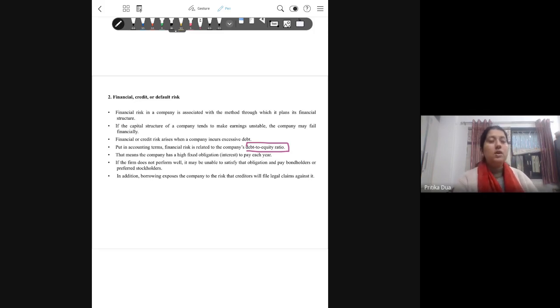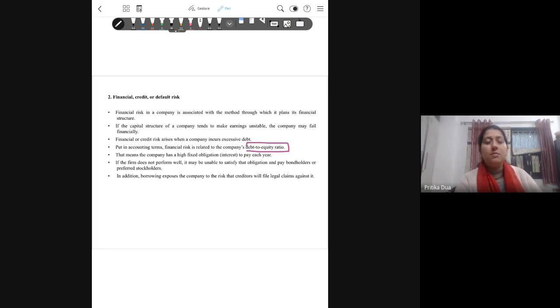So if I talk about recent cases, Vodafone, if you are following the news, the government of India is buying a good stake in Vodafone. Around 40% the government of India is buying in Vodafone. But what has been the problem with Vodafone? Over the years their debt has increased a lot, so that makes the company a risky venture.